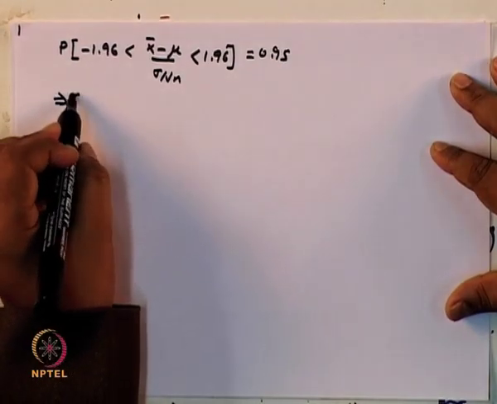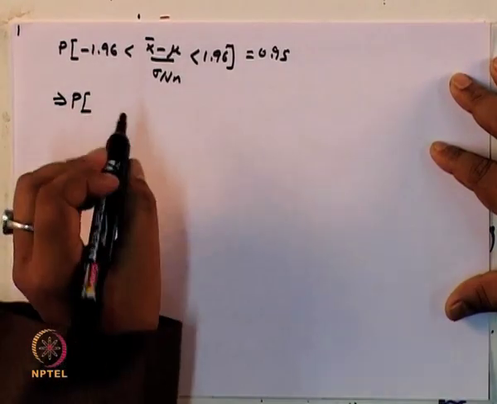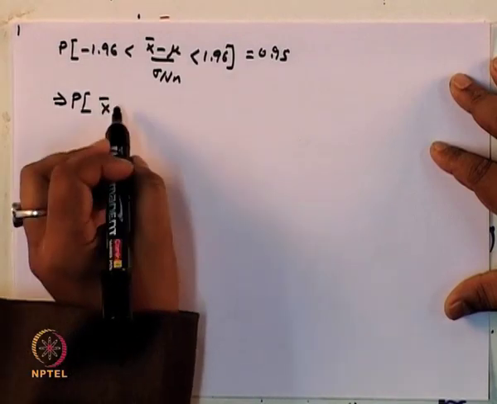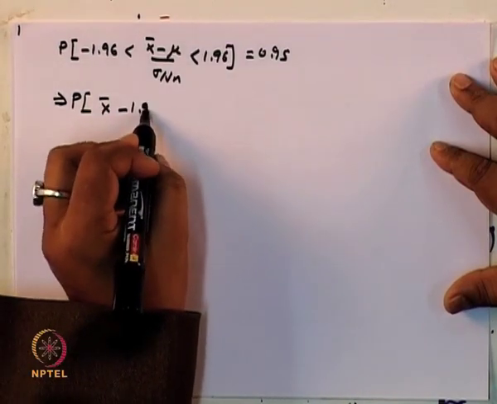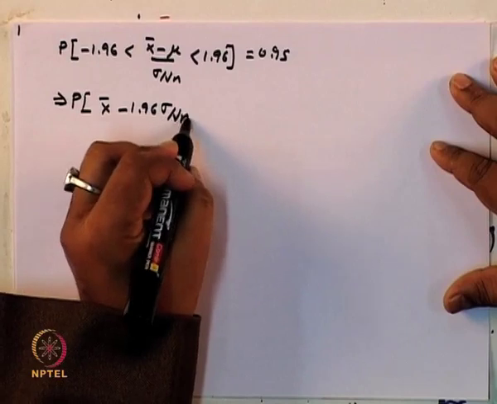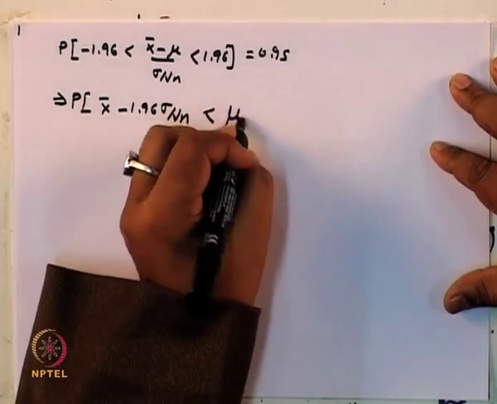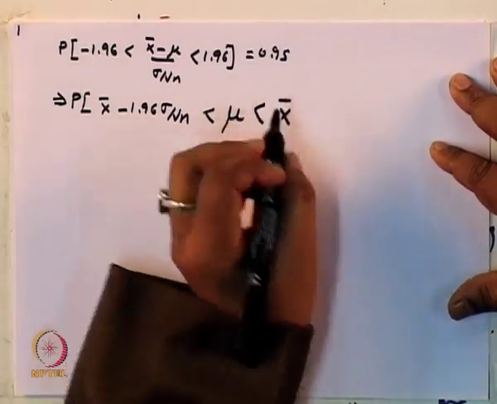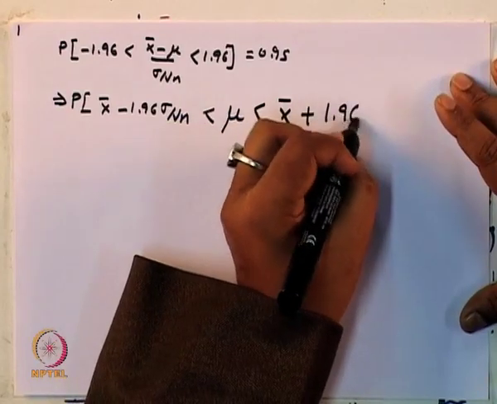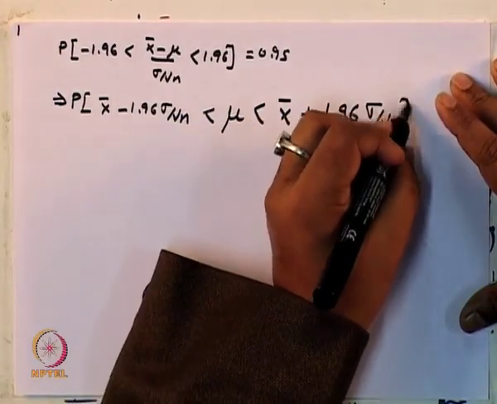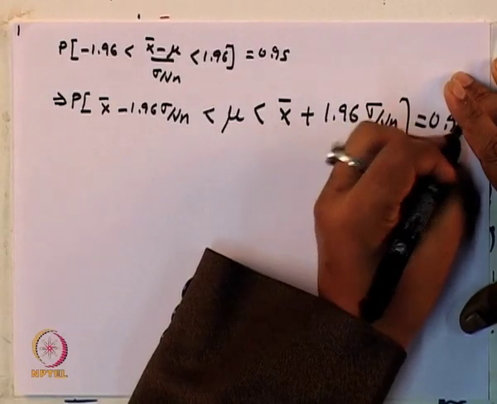So, using some basic algebra, you can show that mu lies between x bar minus 1.96 sigma by root n and x bar plus 1.96 sigma by root n. This probability is 95%.